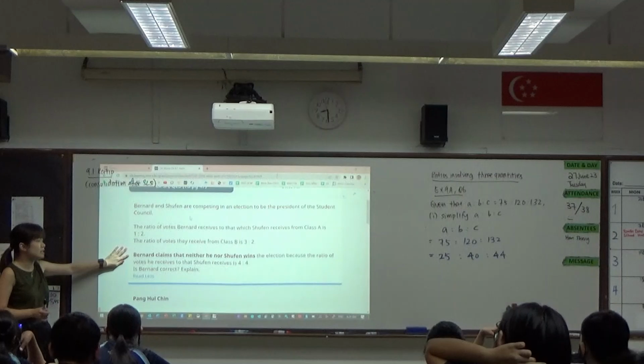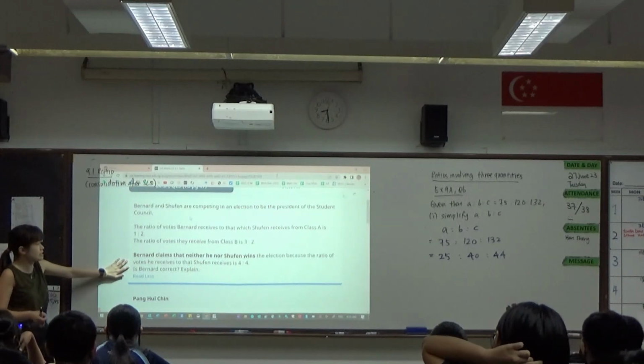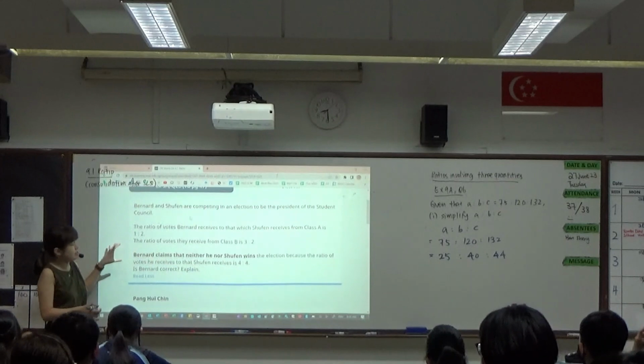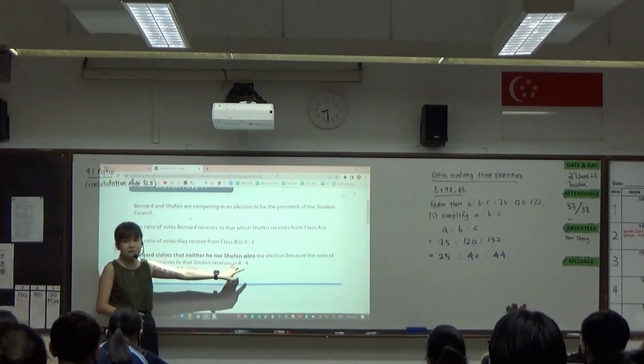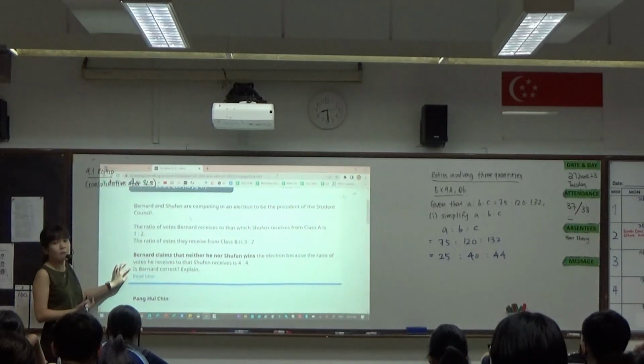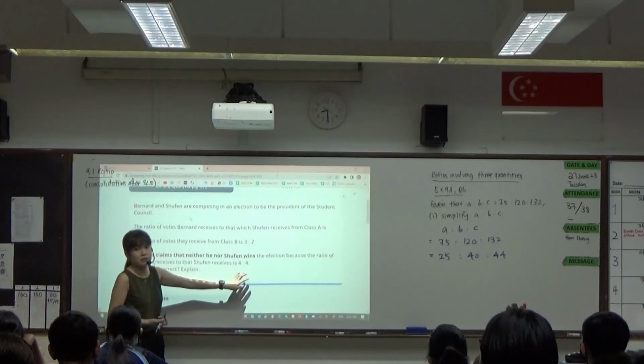Bernard claims that neither he nor Schufen wins the election because the ratio of the votes he receives to that of Schufen is 4:4. So the first thing we question is how did Bernard actually arrive at 4:4? Knowing that will help us answer whether it's incorrect or not. So how do you think he got 4:4?